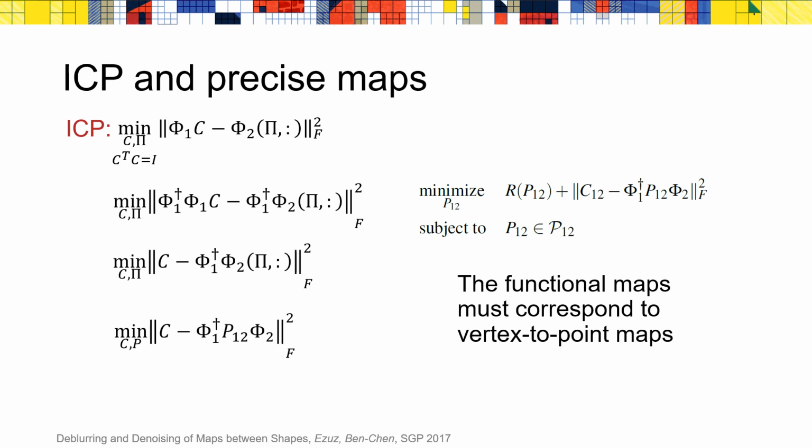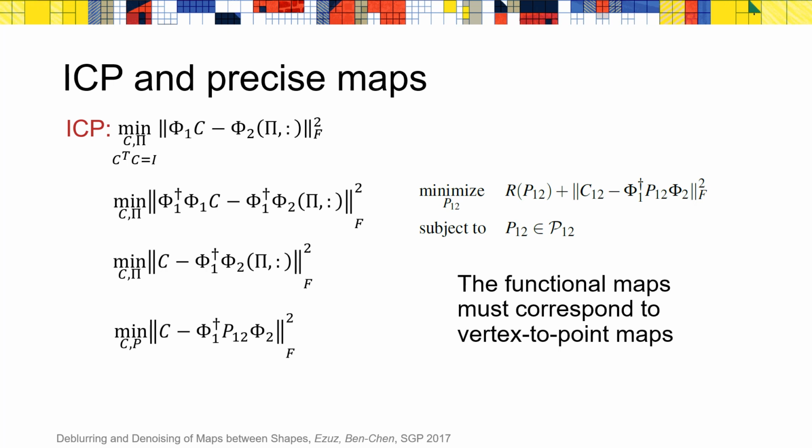The main aspect is that this is similar to ICP plus other regularization that we will see, but they require to minimize over a permutation matrix that should correspond to a vertex-to-point map.